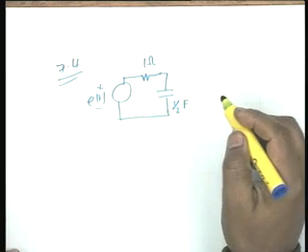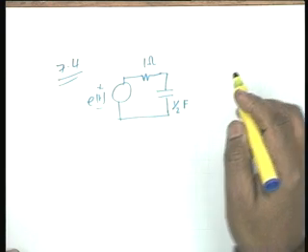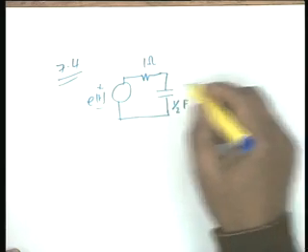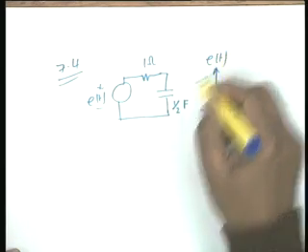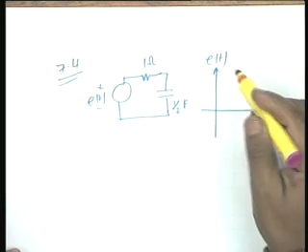This is the circuit. The voltage source E of t has the following waveform. This is to be seen carefully.